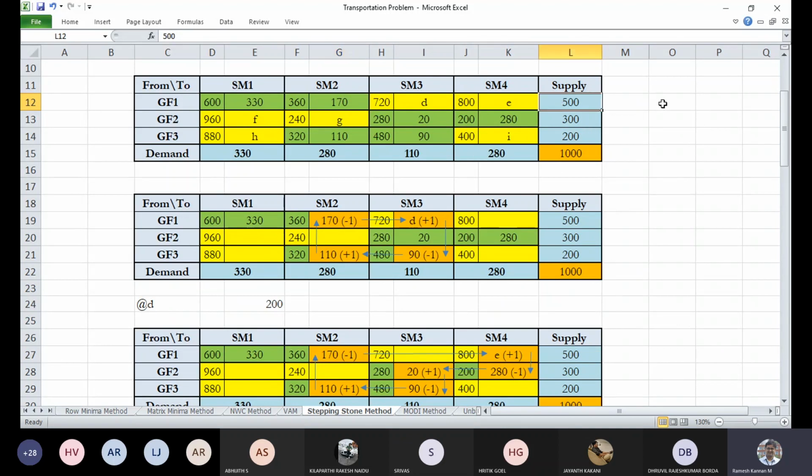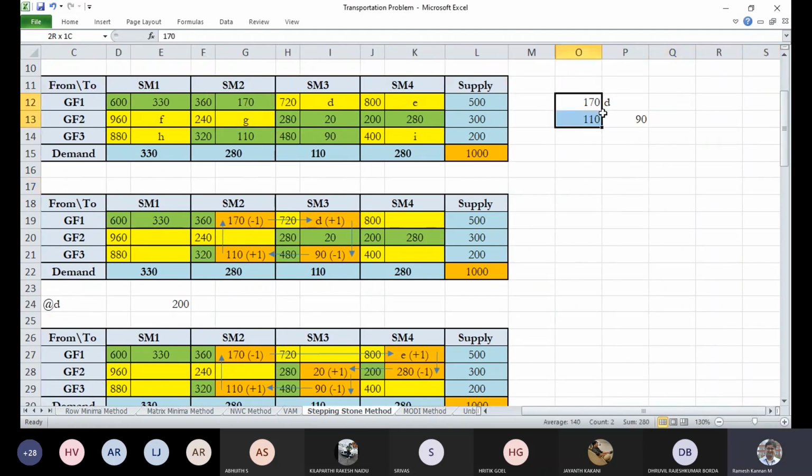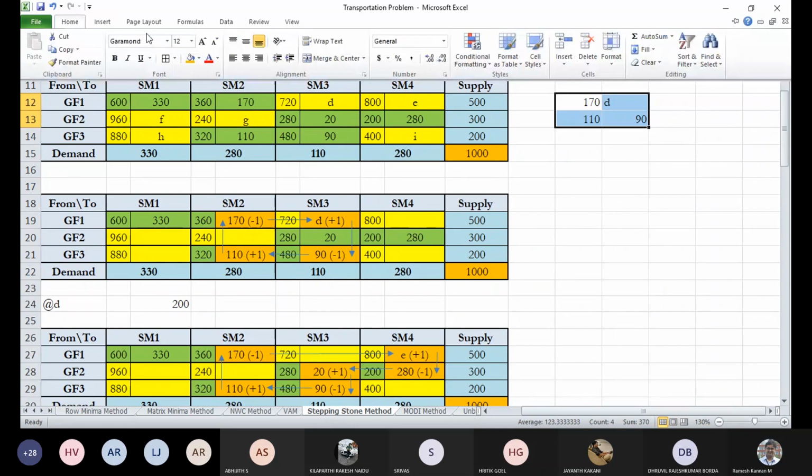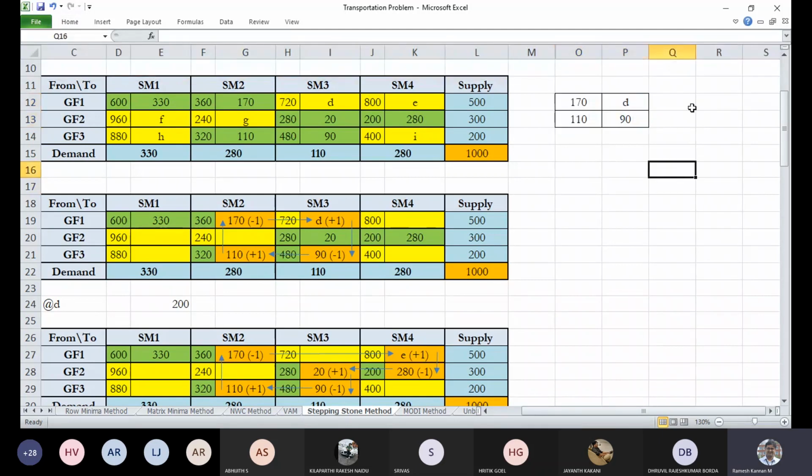So I'll explain that with this. Say initially it is 170, right? And we have got D here, and we have got 110, and finally it is 90, right? So what we're going to try to achieve, let me spell this out.